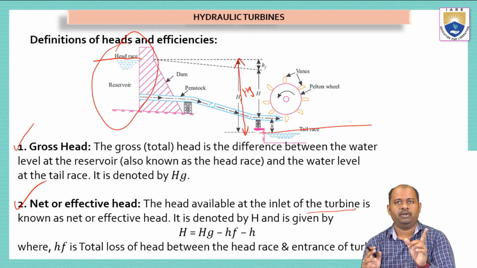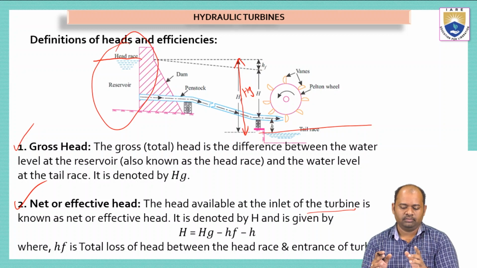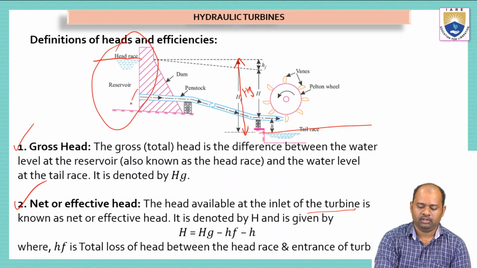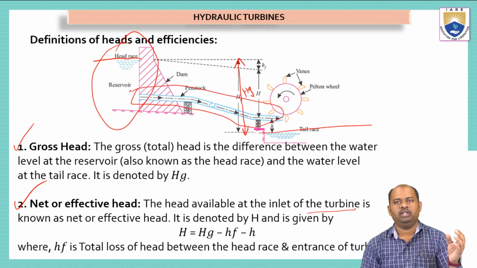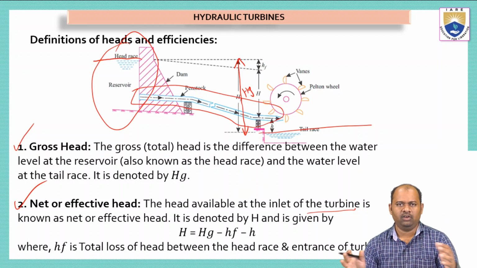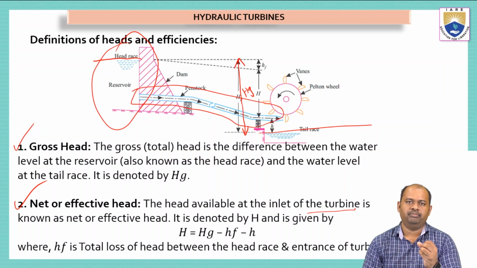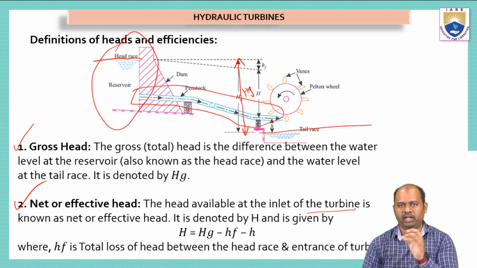Why is it different from gross head? Because whenever the water is made to flow through a pipe, this pipe is called the penstock. It is a very long pipe. Whenever the water is flowing, due to friction between the inner surface of the pipe and the water, some amount of head will be lost.